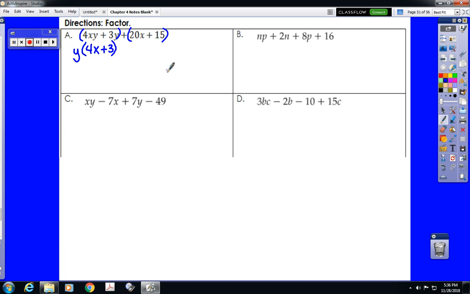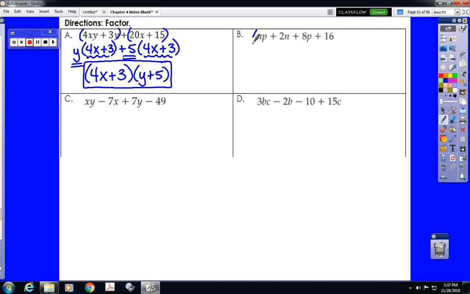The greatest common factor there would be 5, so we factor out a 5, and that would also leave behind 4x plus 3. It is extremely important that these binomials are exactly the same. So when we factor out 4x plus 3, we are left with y plus 5. And that is the factored answer.